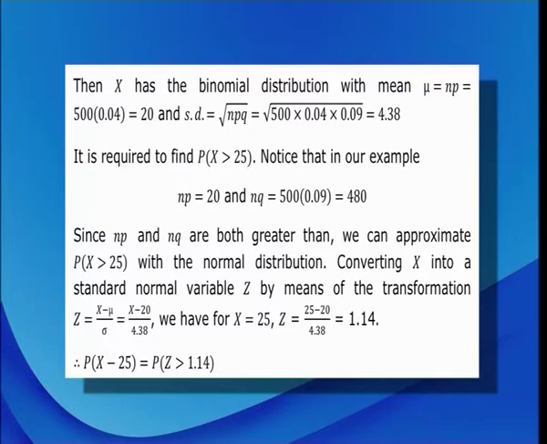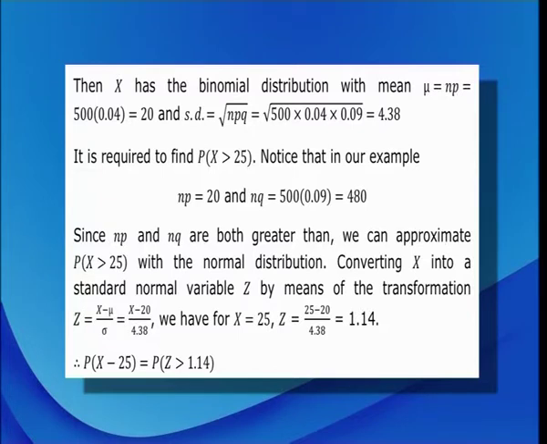Converting x into a standard normal variable z by means of the transformation z equals x minus mu upon sigma, which will be equal to x minus 20 upon 4.38. We have for x equals 25, z equals 25 minus 20 upon 4.38, which is equal to 1.14.